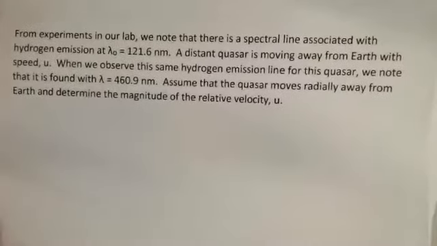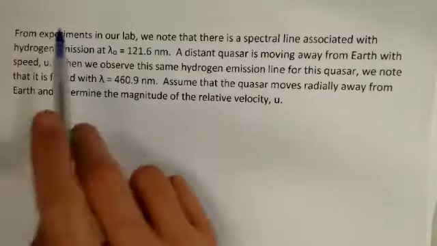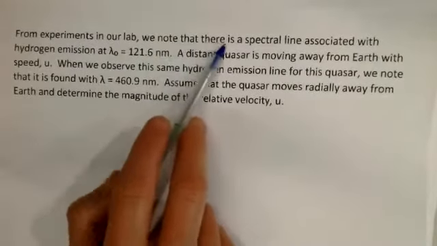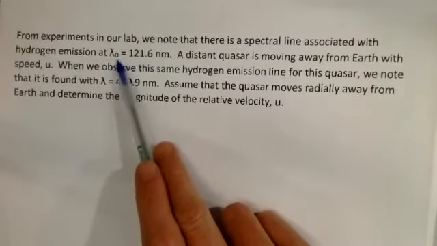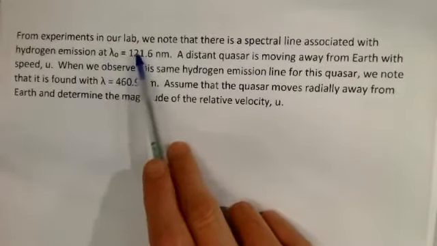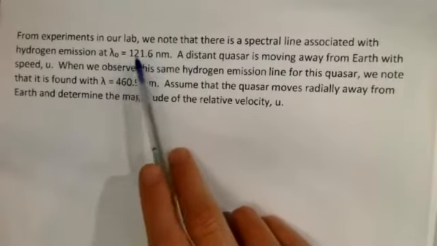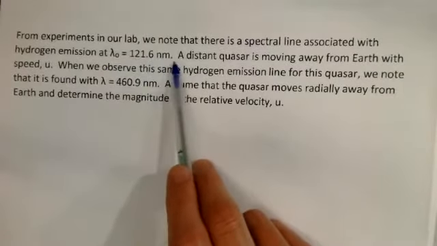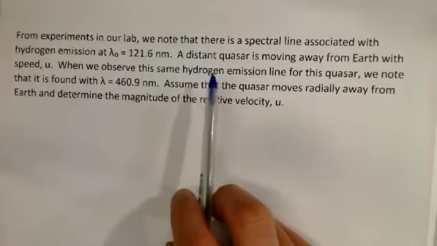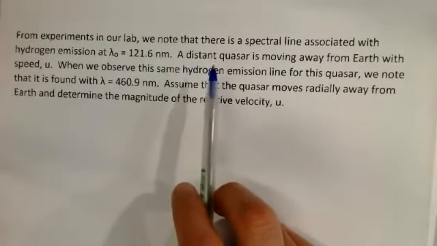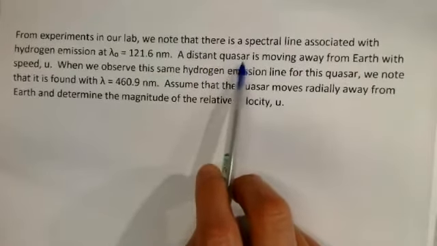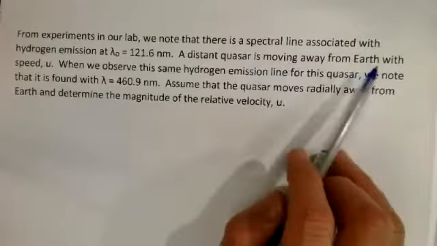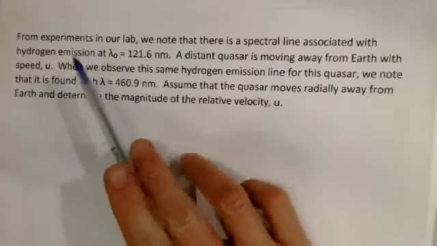So first example, let's say that from experiments in our lab, we note that there's a spectral line associated with hydrogen emission that shows up at a wavelength of 121.6 nanometers. We then turn to look at a distant quasar, quasi-stellar object, moving away from Earth with speed u.